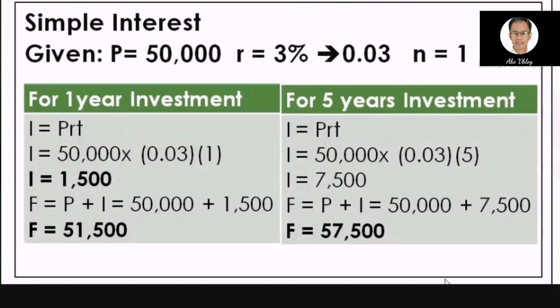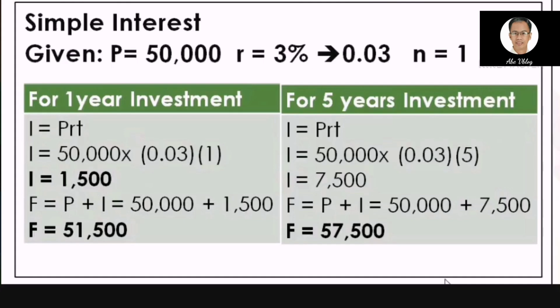Then the future value would be 57,500. We just add 7,500 to 50,000. So the total cash on hand after 5 years is 57,500. So meaning we earn a lot for 5 years. Okay? So that is for the simple interest.